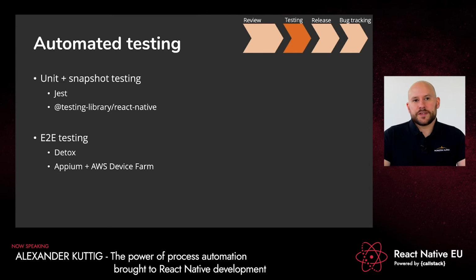And AWS Device Farm is a service from Amazon where you can test your app or run your app on real devices. So this is a pretty cool service for us, and I'm not 100% satisfied with this solution because, as most of you know, Appium comes with some downsides.